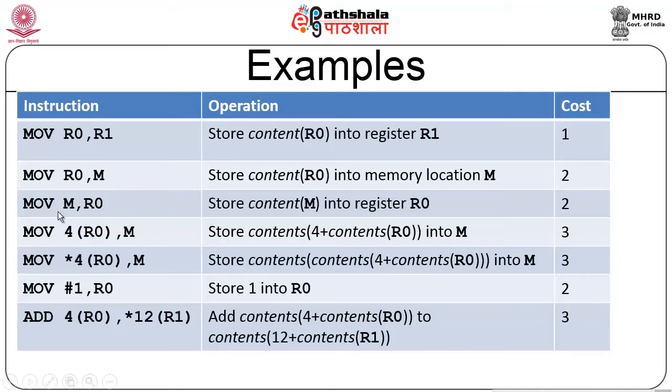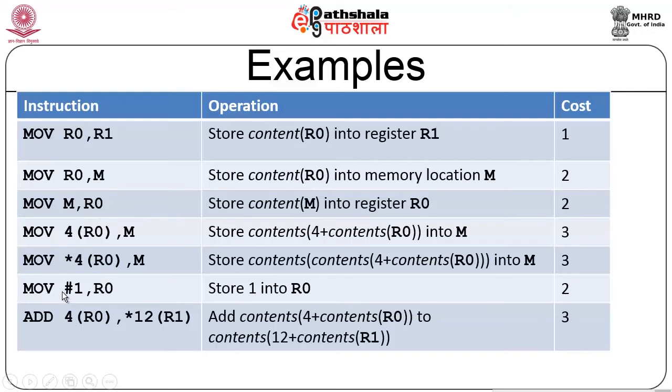Now, the next one is move M comma R0, which is the reverse of this. It is something like move A comma R0, that is get your value A available in a memory location, and then store it in register R0. Again, this is going to cost us 2 units, because this M involves a unit cost, this move involves a unit cost. So 1 plus 1 is 2, R0 involves no cost, which is 2.